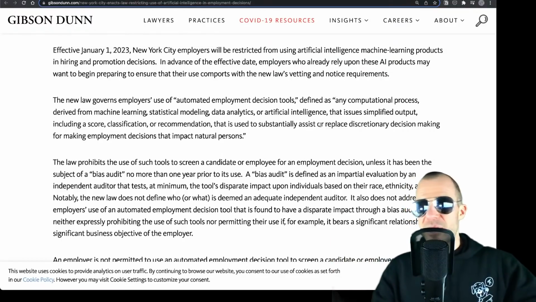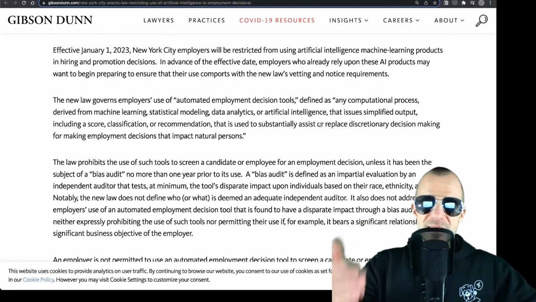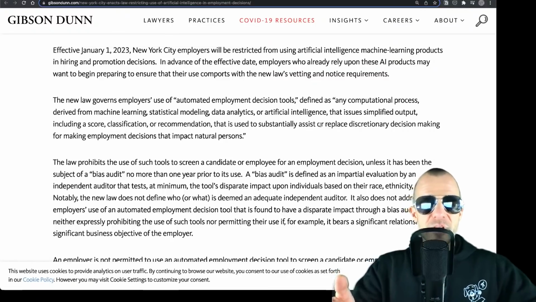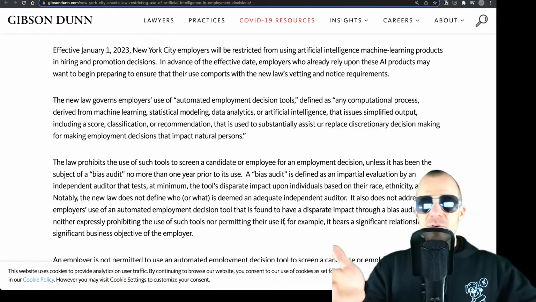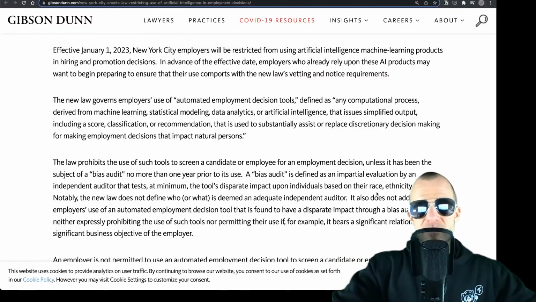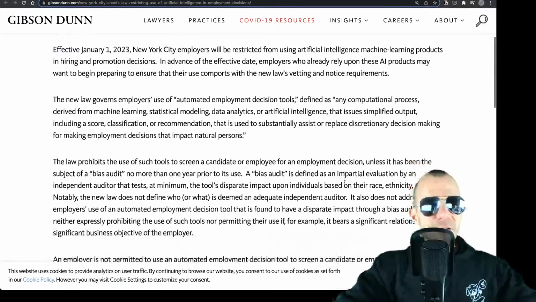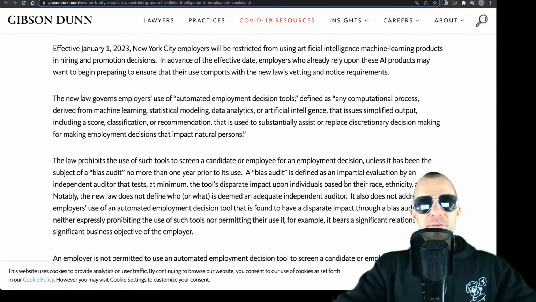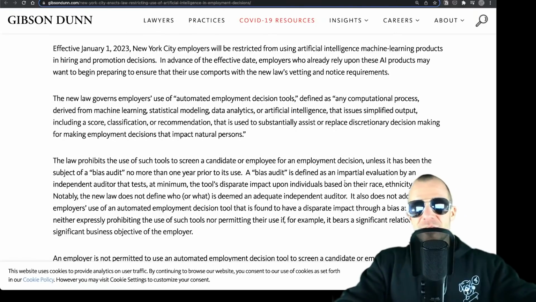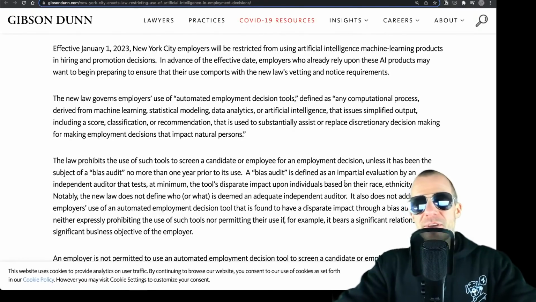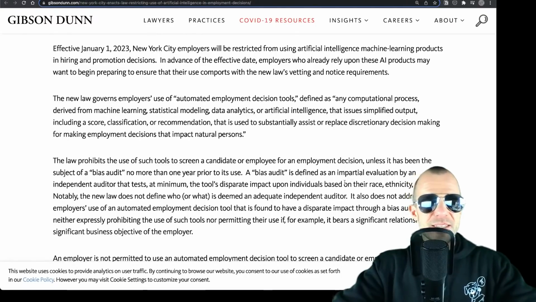It is. So these definitions are made so they can cover everything potentially. And then, of course, there is the backdoor. You have the bias audits, and the bias audits sound nice, but we all know that they're going to be as flawed or more flawed than the original systems.